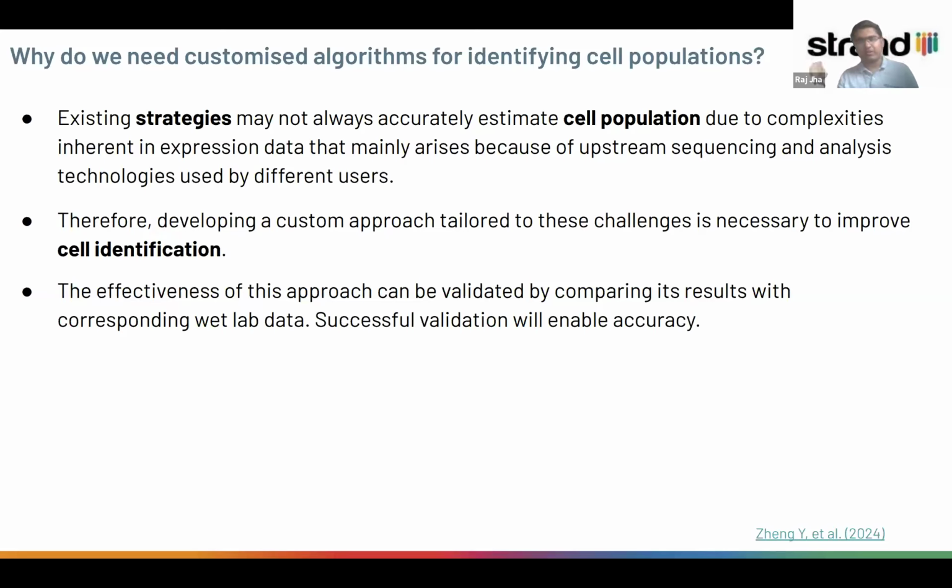For example, if you use different versions, like Cell Ranger 5 and Cell Ranger 7.0, you will find different expressions. Therefore it is imperative that we develop a custom-tailored approach to address these challenges in order to improve cell identification. The effectiveness of this approach can then be verified by results with corresponding wet lab data.